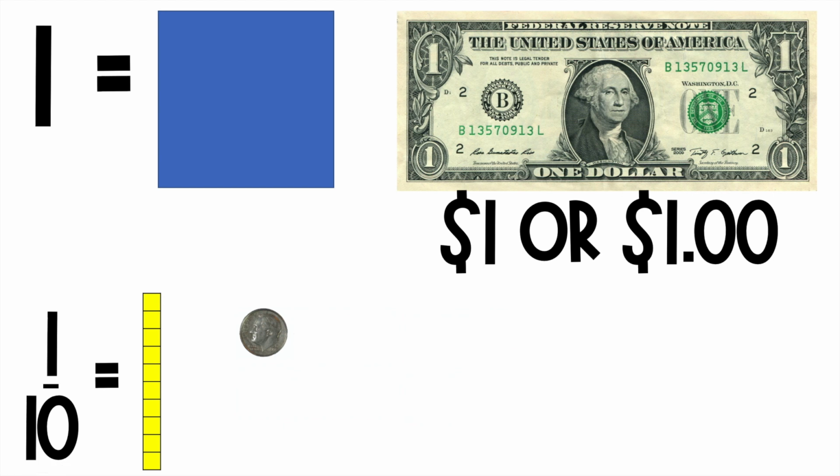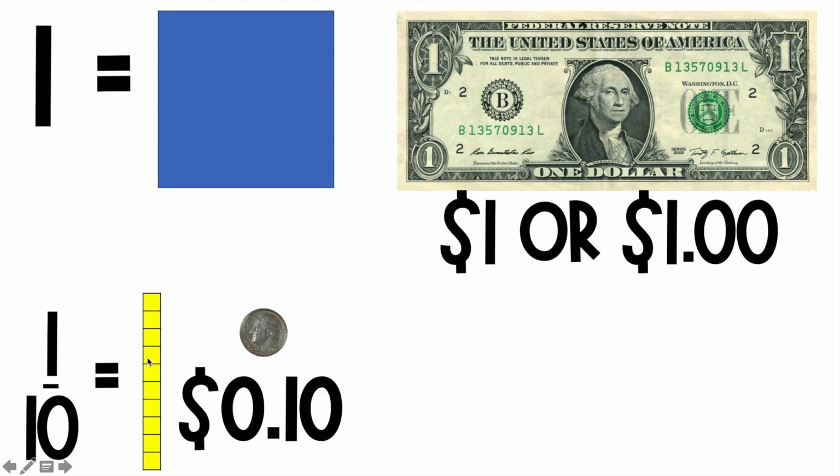So if you only have one of them, you only have 1/10, making this about the same as this. And you would write it just like this: $0.10. Now, we have a 1 right here in the tenths spot, right? We have a 1 in the tenths spot because you need 10 of them to make one whole.